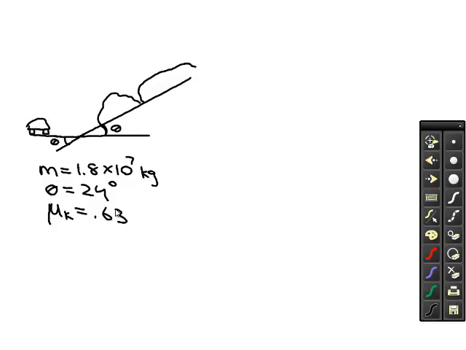Show that the block will not slide. Okay, so we've got mg straight down toward the center of the earth and break it down into two components. We've got mg cosine theta this way, mg sine theta this way, normal force this way, static friction force back this way.